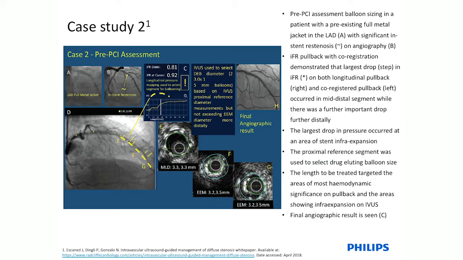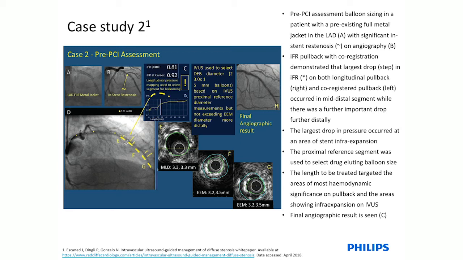Now, what you're seeing here is another case. In this particular case, we're seeing a very long diffuse stenosis in the LAD. You're just seeing the IVUS images obtained over this particular segment.